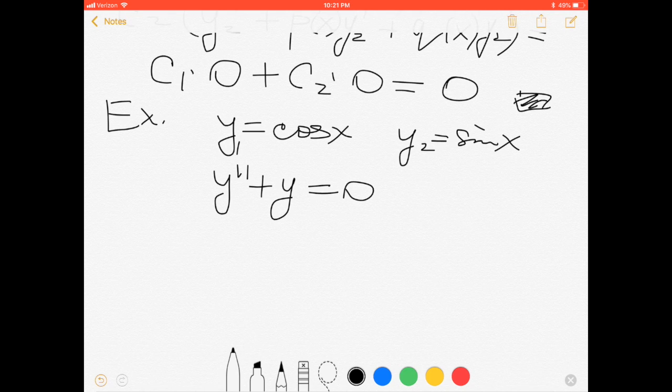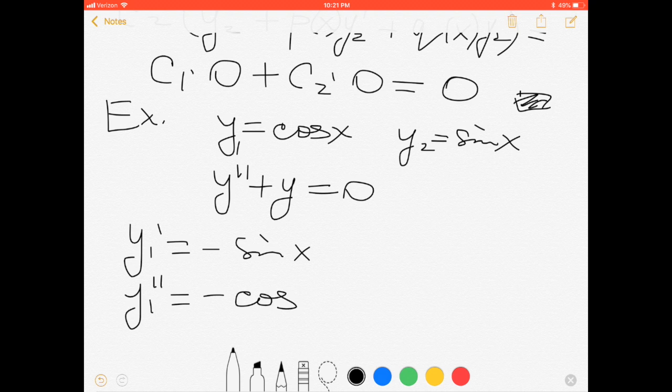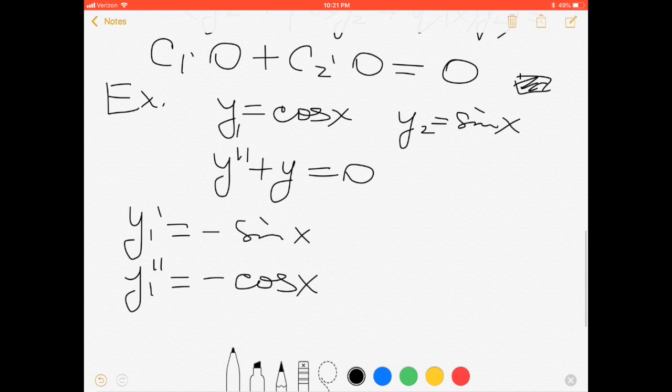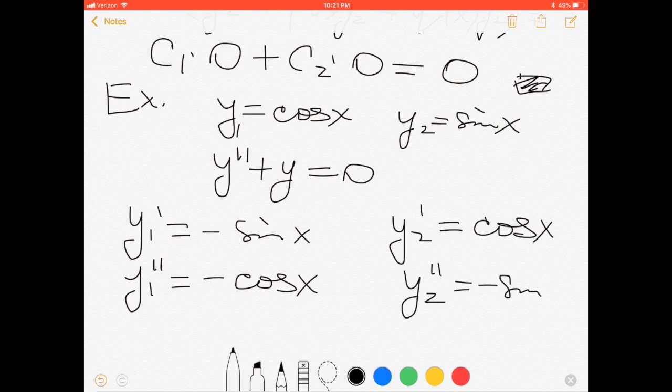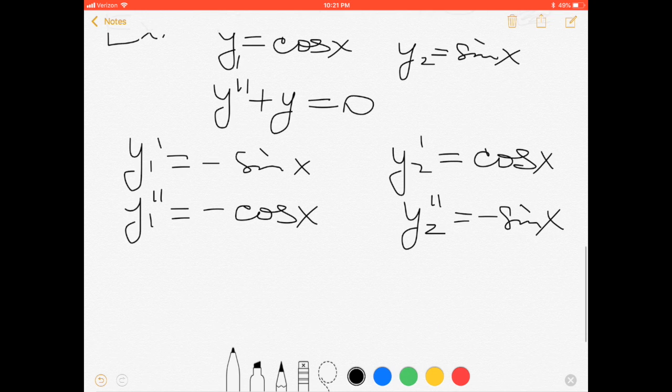What will be the first derivative for function y1? Minus sine x. The second derivative will be minus cosine x. For y2, the first derivative is cosine x. The second derivative is minus sine x. I'm prepared and now I check.